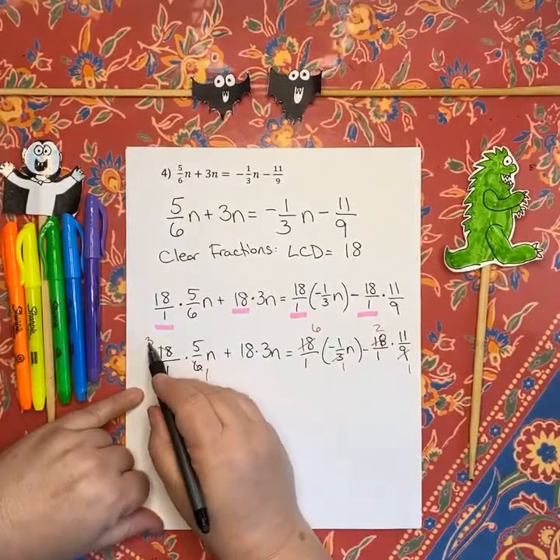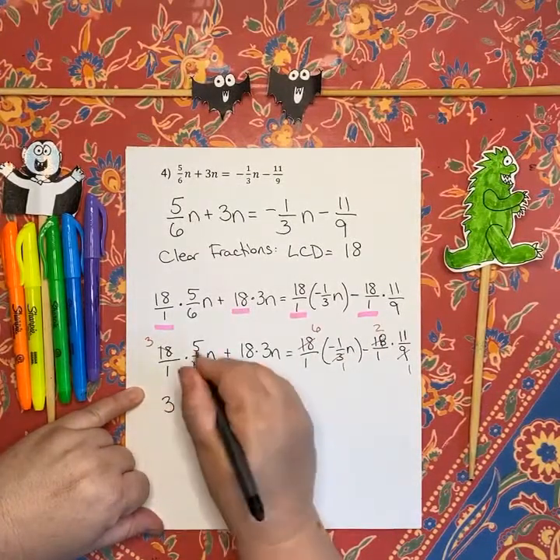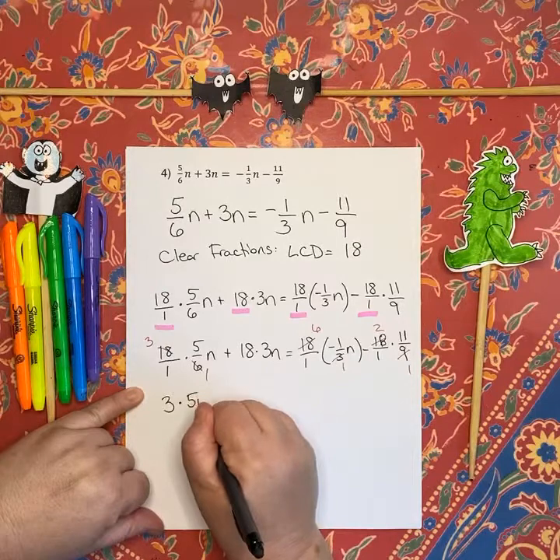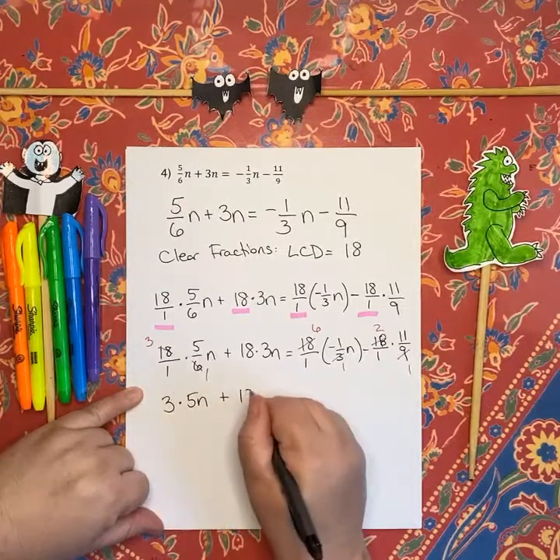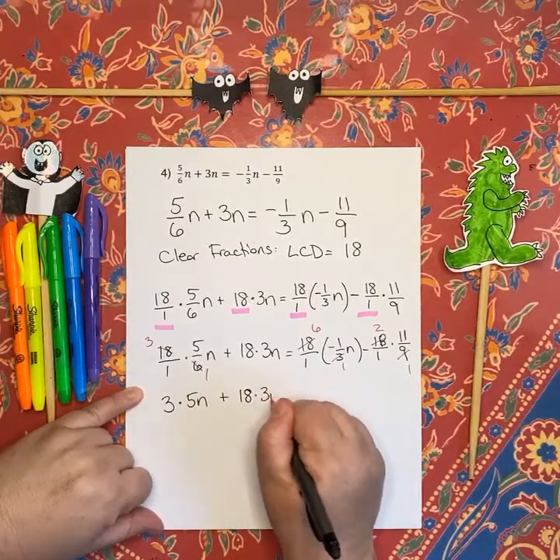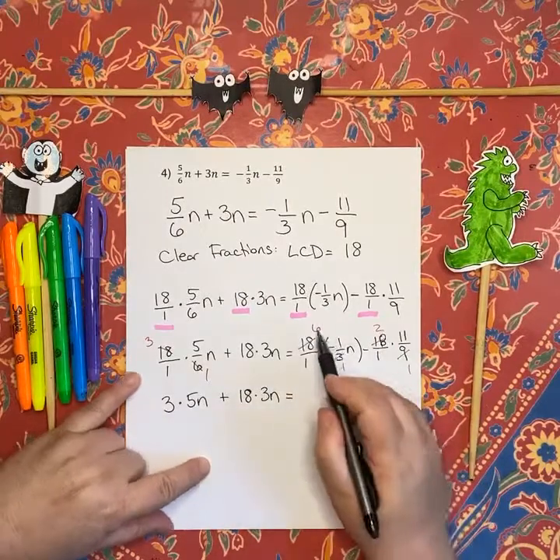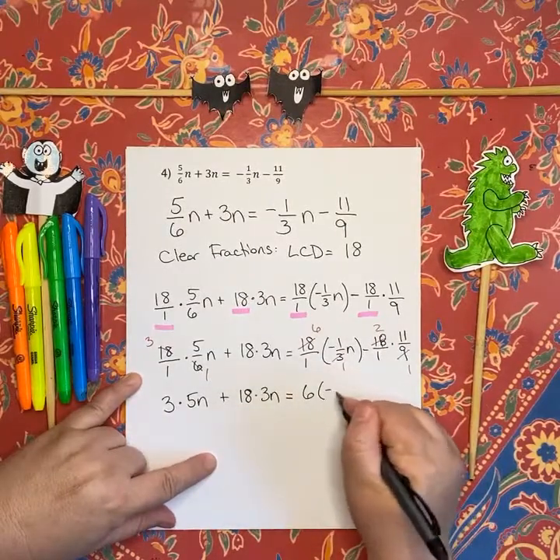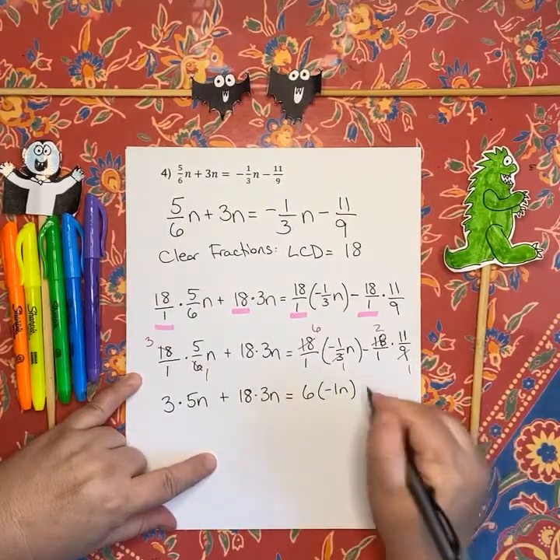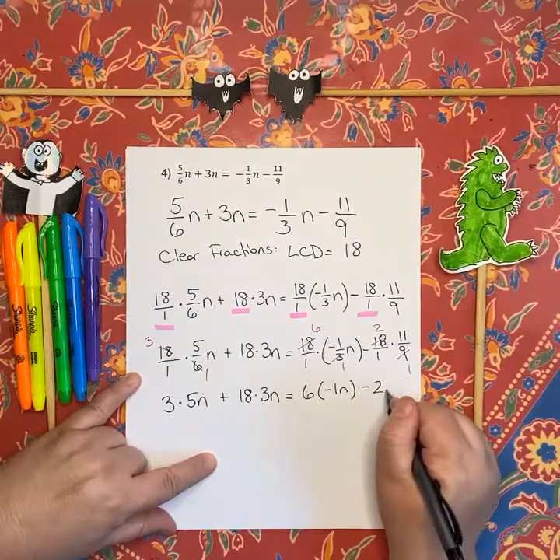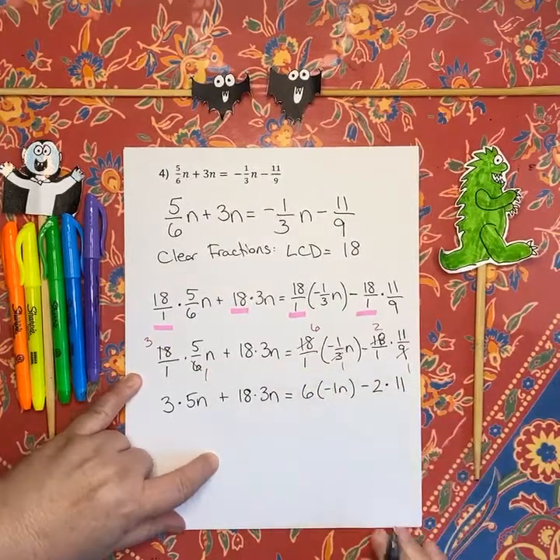So let's see, I've got 3 over 1. That's 3 times 5n plus 18 times 3n equals 6 times the opposite of 1n and minus 2 times 11.